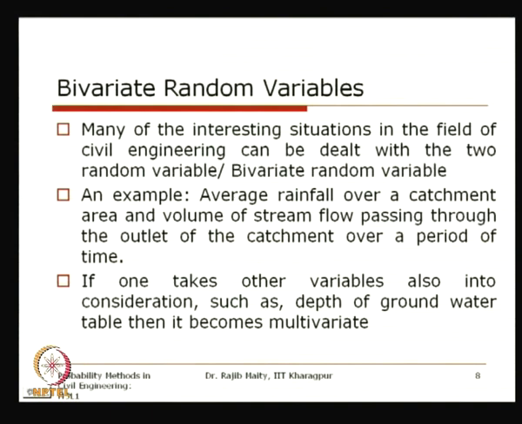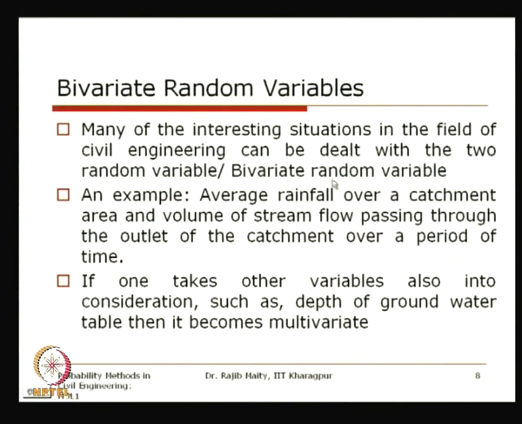Many interesting situations in the field of civil engineering can be dealt with using two random variables. So these are bivariate random variable cases. An example is the average rainfall over a catchment area and the volume of the stream flow passing through the outlet of the catchment over a period of time.